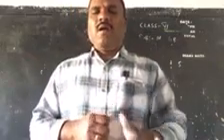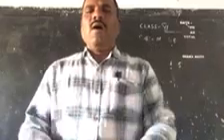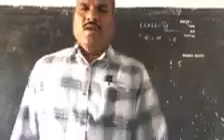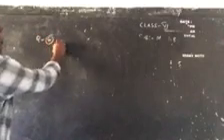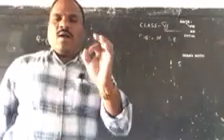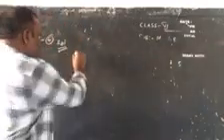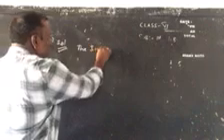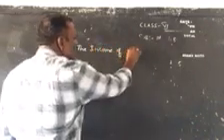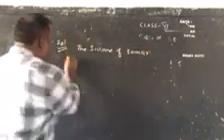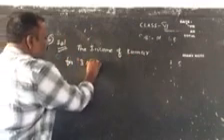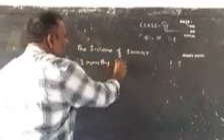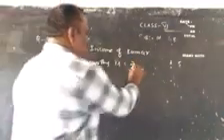Simple, children, it is very clearly given here. Now the solution for problem number 6. The income of Kumar for 3 months is rupees 15,000.